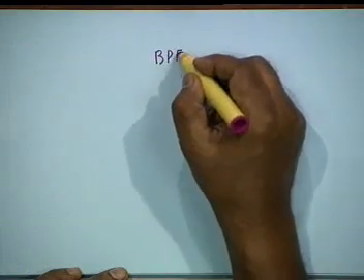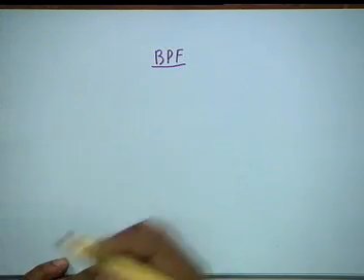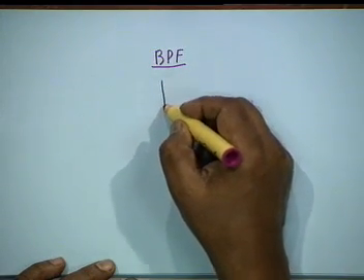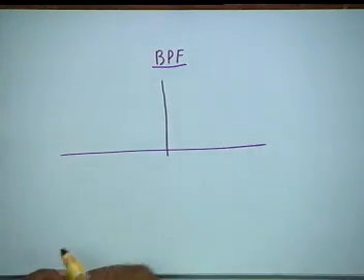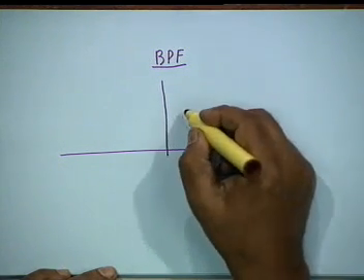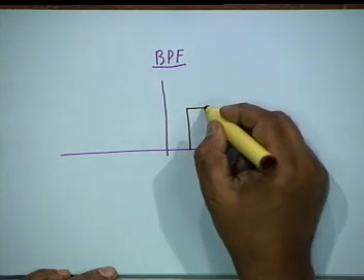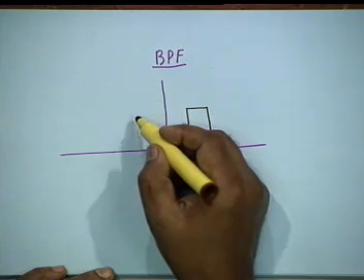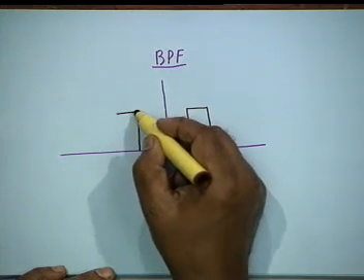Next we take the case of a band pass filter. In each case you have to draw the frequency response carefully. For a band pass filter you want a rectangle here and a rectangle here.